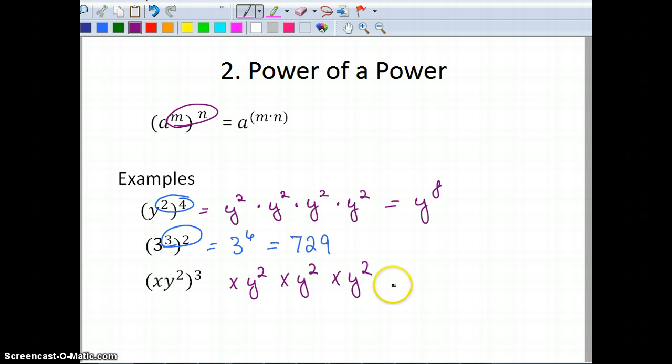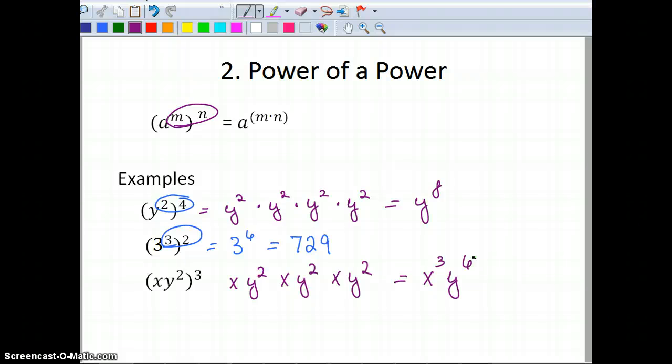Well, how many x's do I have? 3. So that's x cubed. Y squared, I have 2, 4, 6. So I get x cubed y to the 6th.